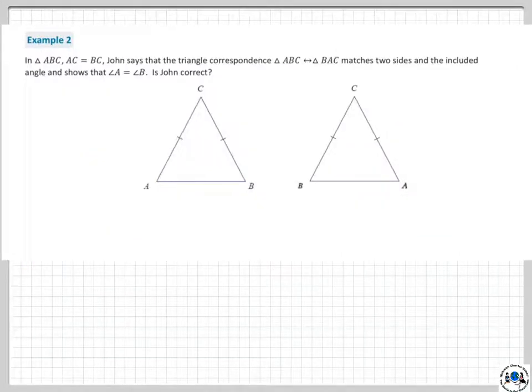Example 2 here. In triangle ABC, AC equals BC.